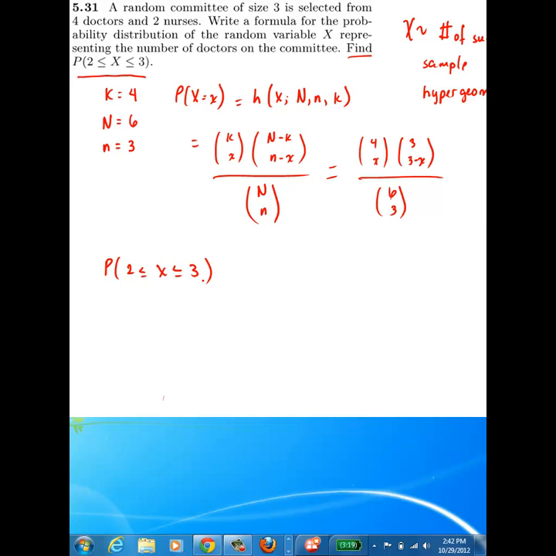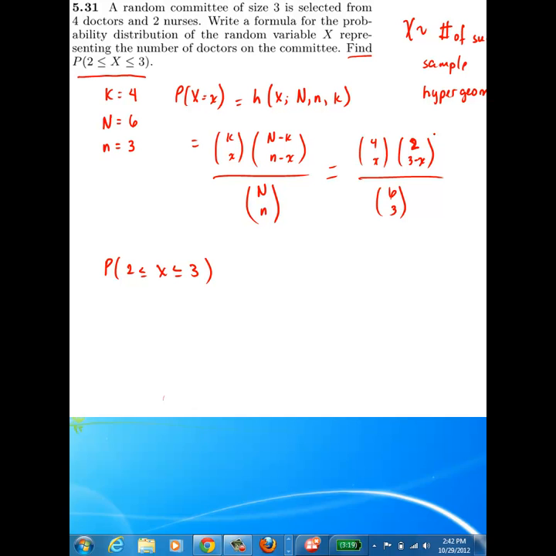Should that be 2 minus... instead of 3? This one? Yes, you're right. That should be a 2. Thank you. So for the hypergeometric, we don't have the cumulative or tabulated table. Okay, so in this case, you're going to have to solve using the formula.